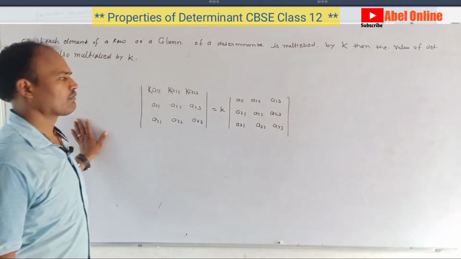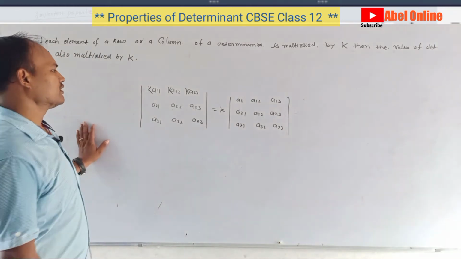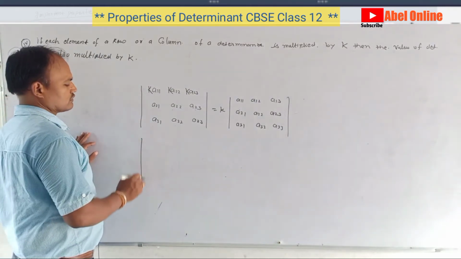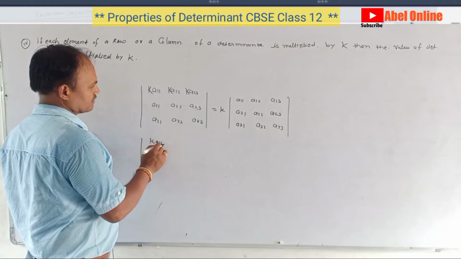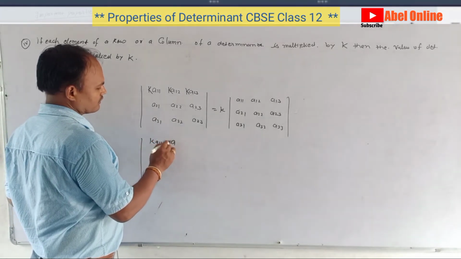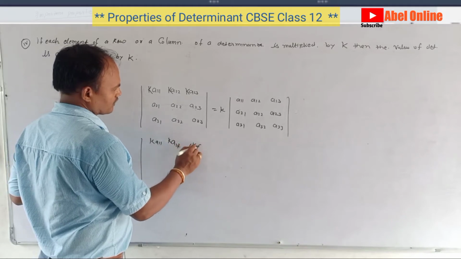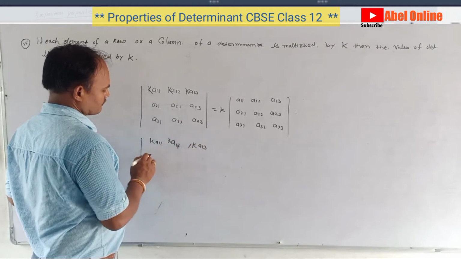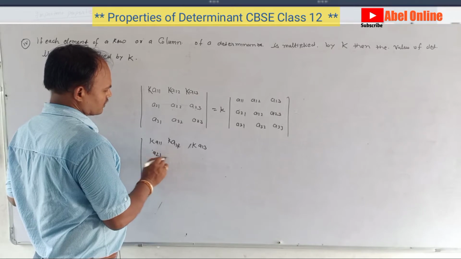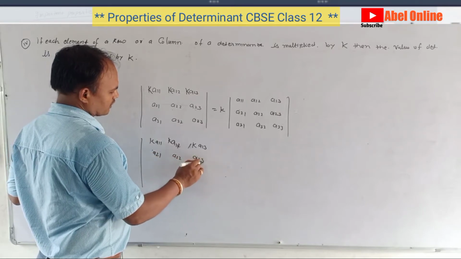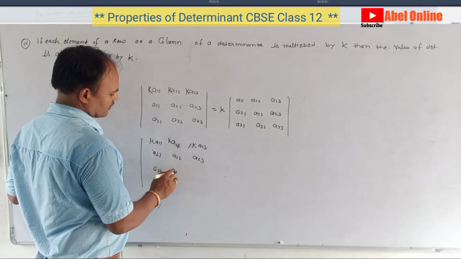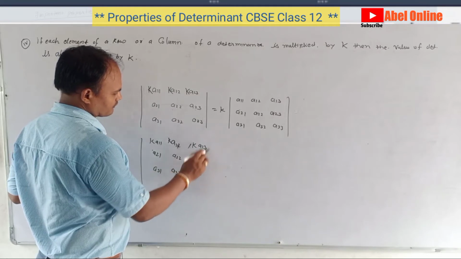And what happens if there are two rows? It is kA11, kA12, kA13, A21, A22, A23, A31, A32, A33.